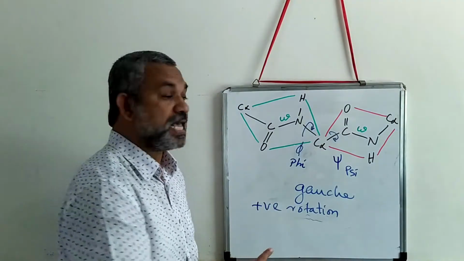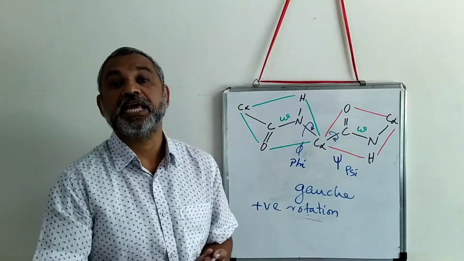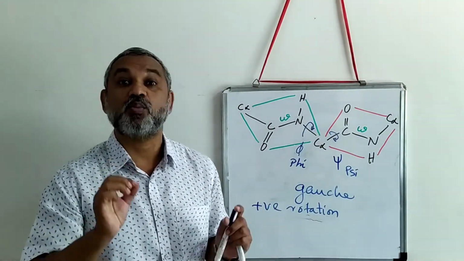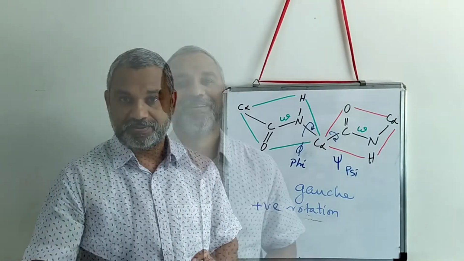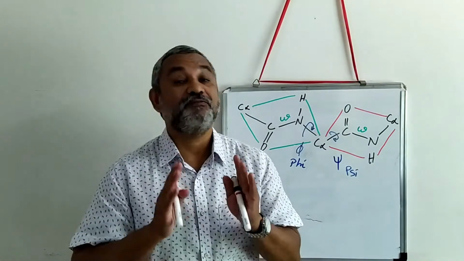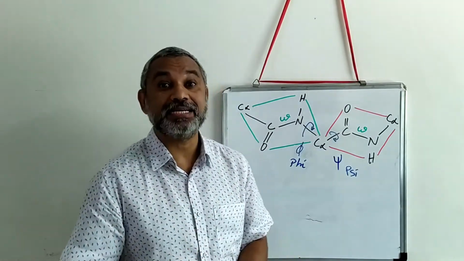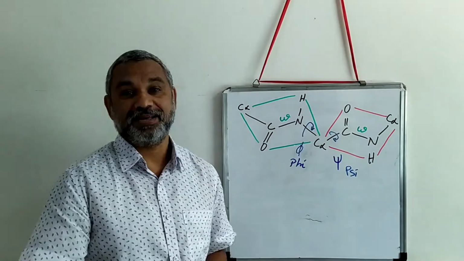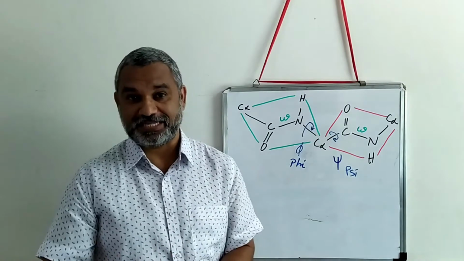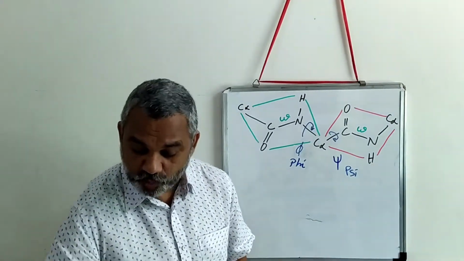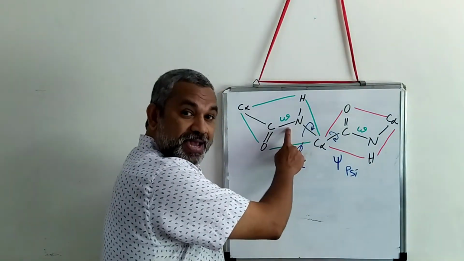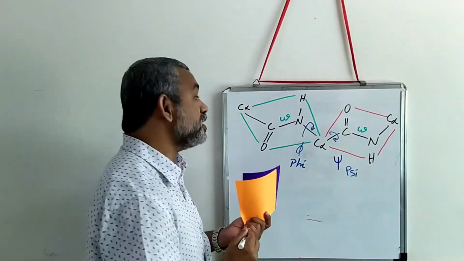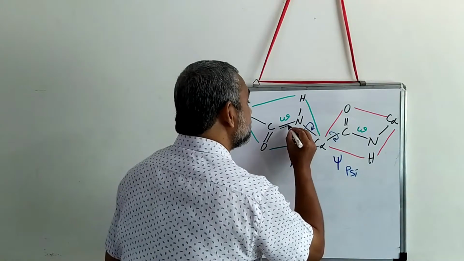Having understood this, this becomes the fundamental concept in order to understand the Ramachandran plot. Let us look at which torsion angles are possible in these two planes. We need to understand that omega has partial double bond characteristics.